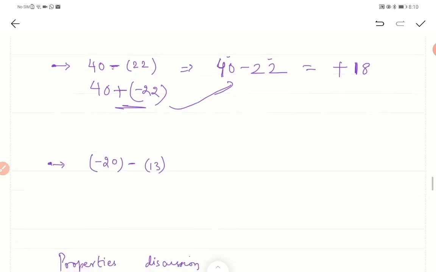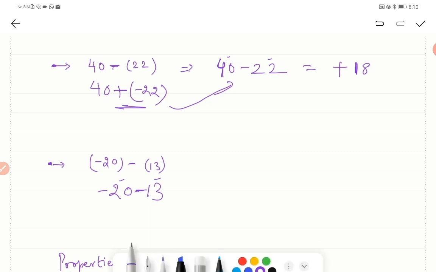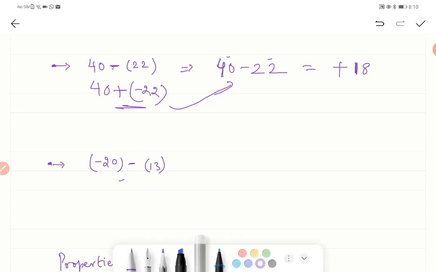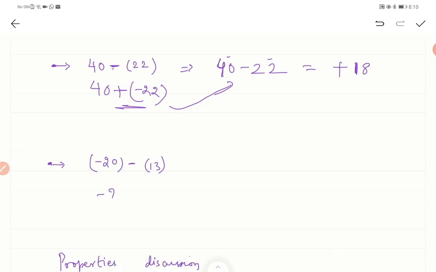Okay, next problem. I have minus 20 minus 13. Going directly, minus 20 minus 13, you are going to add both the numbers. See, I'll take one more step. According to the rule of addition, first convert this into its additive inverse.